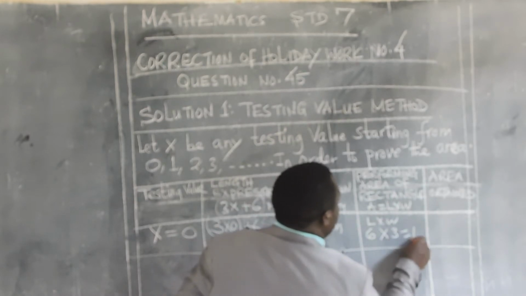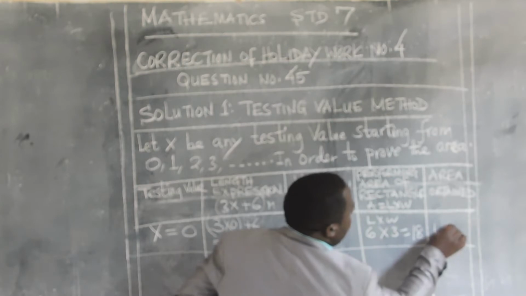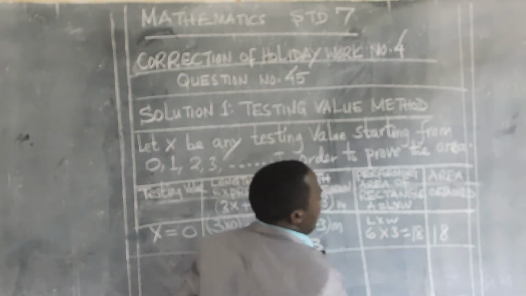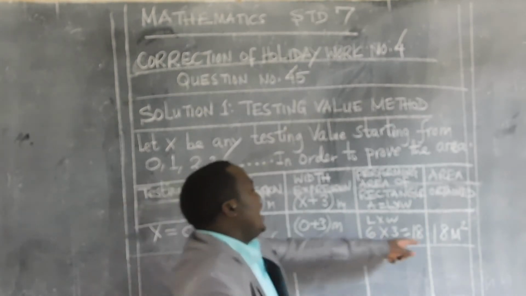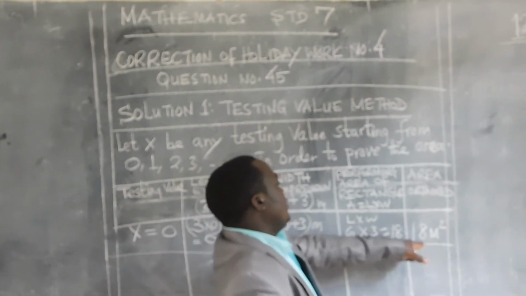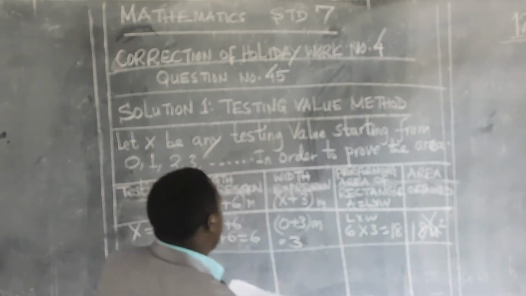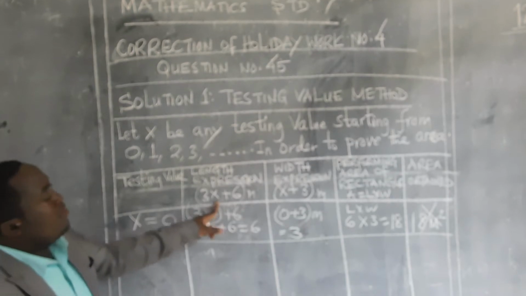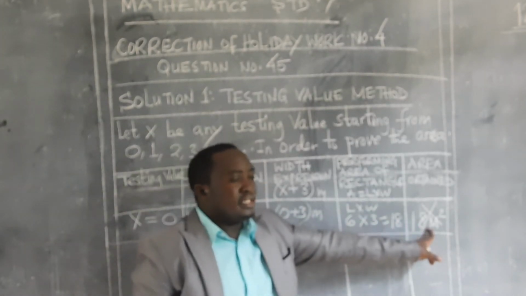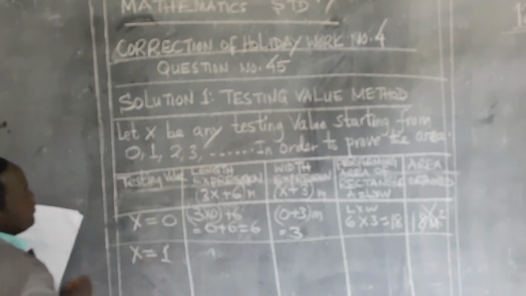When you multiply, you get 18 square meters. This area is not correct. It's not the area given, so we mark it wrong. When testing 0 as the value of x, we have proved it is wrong.